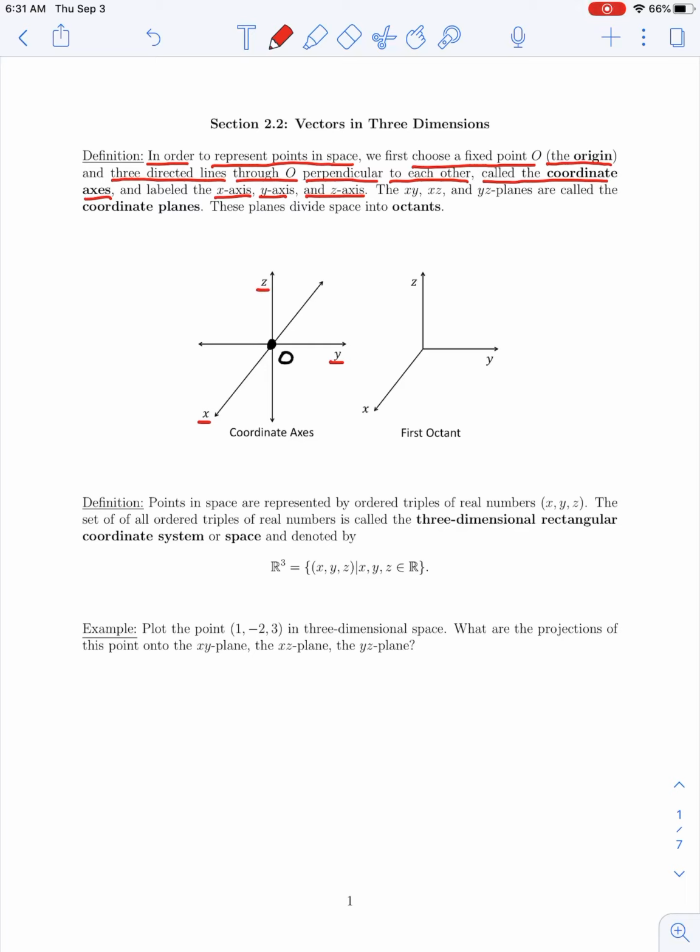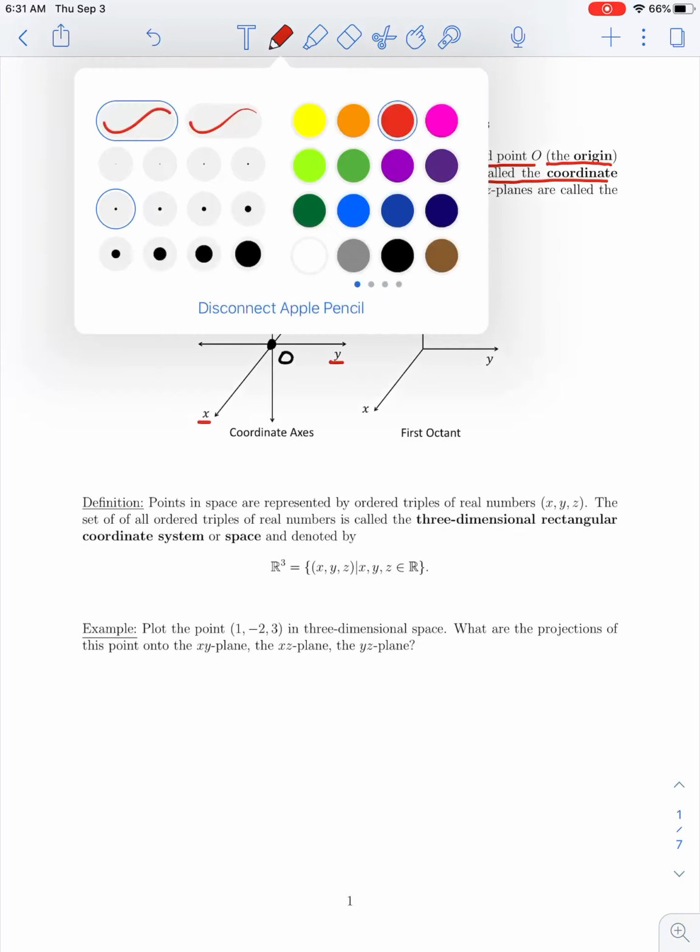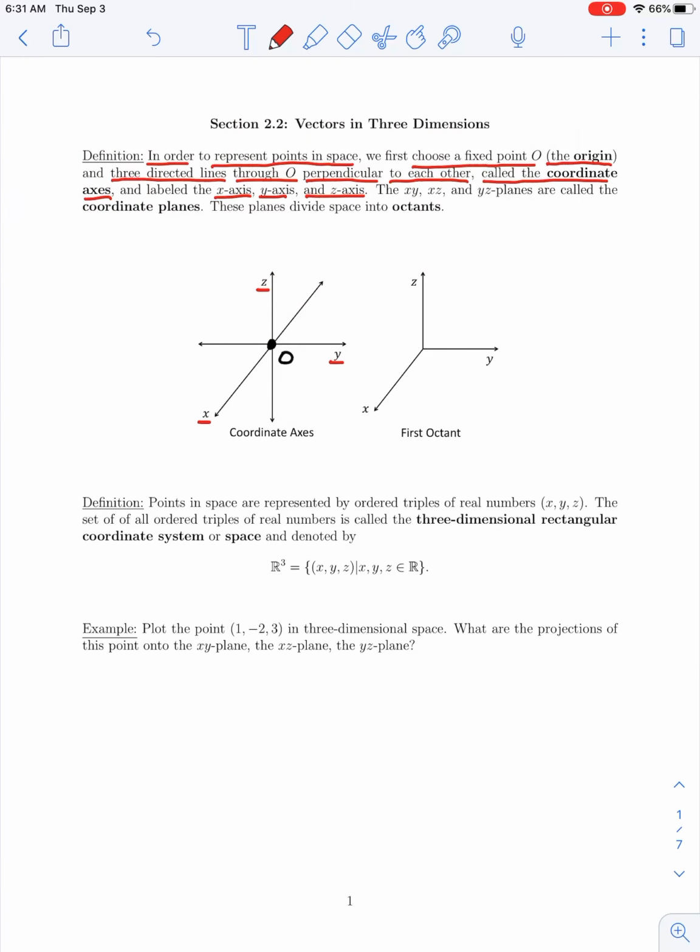Now, these 3 sets of coordinate axes define 3 planes in space. So we would refer to the xy, the xz, and the yz planes as the coordinate planes. So for instance, the xz plane would be the plane determined by the x and z axes.